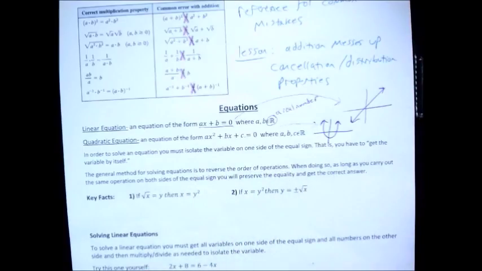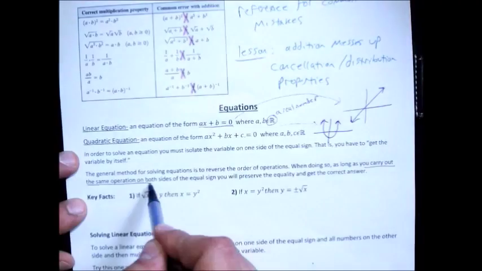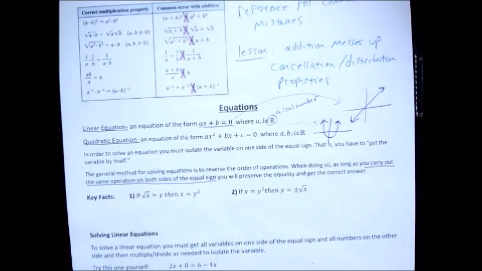So for example, instead of multiplying and dividing first and then adding things later, we would want to get rid of addition and then get rid of multiplication. So we undo the order of operations in some sense, right? And the key thing that I'll remind you that we've already mentioned a few times: do it to both sides of the equal sign. Don't forget to do that or else you'll be changing the problem.